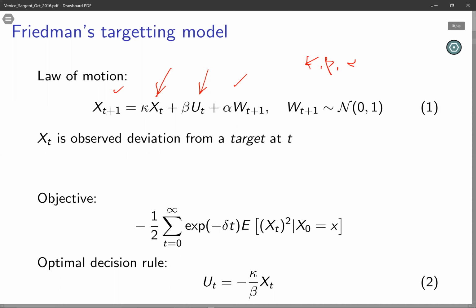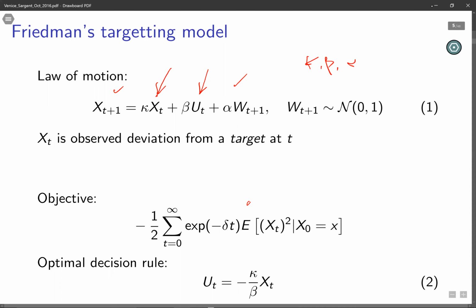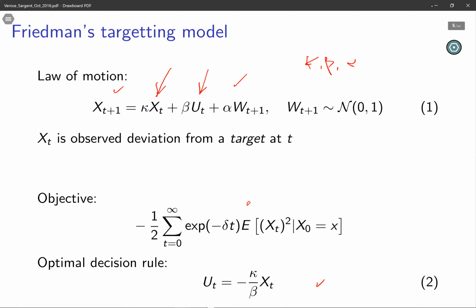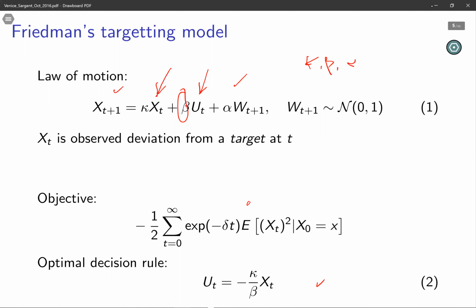The objective was to minimize the expected discounted sum of squares of the deviations from the target, the so-called targeting problem. And under knowledge of the coefficients, the optimum decision rule is this. A key thing to know is the response of next period's target to your control, this beta.